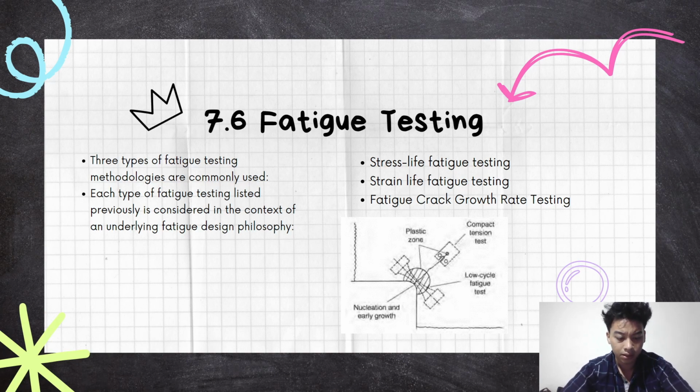Stress-life fatigue testing is one of the oldest approaches to fatigue testing. Strain-life fatigue testing is the general approach employed for continued response in the safe life, finite life regime, and lastly, fatigue crack growth rate testing.